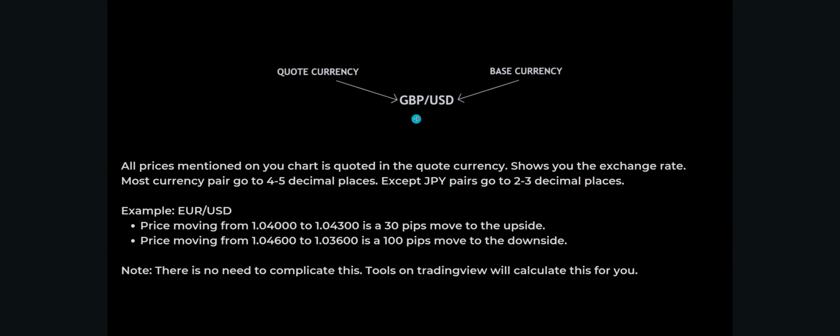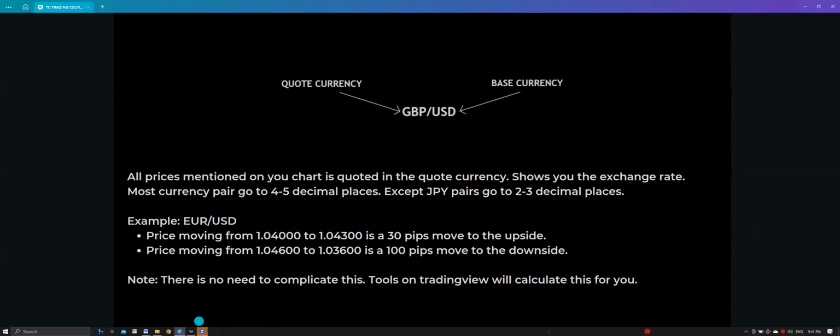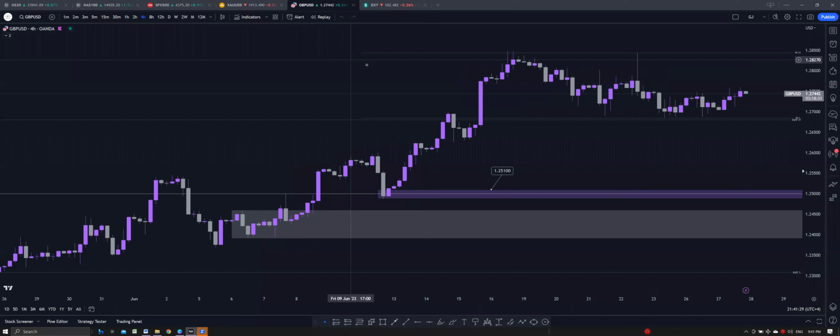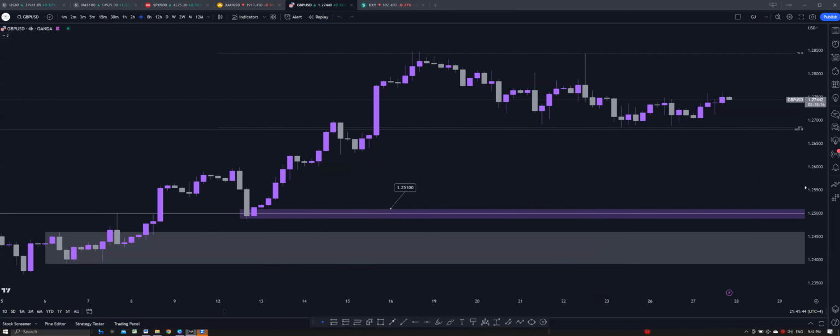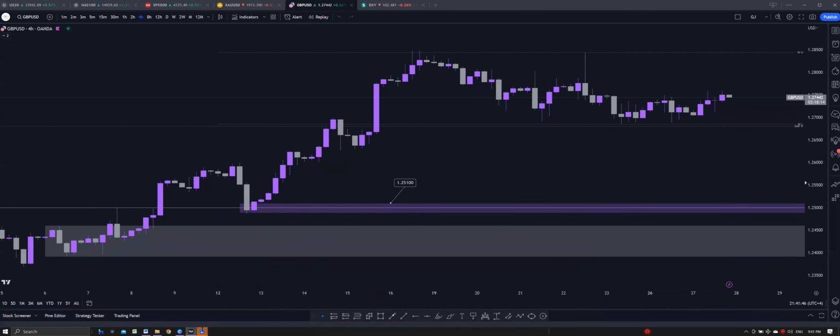If you look at your chart here, the price mentioned is basically 1 British pound is equal to 1.27443 US dollar. So it shows you the conversion of 1 pound, because the US dollar is the core currency.